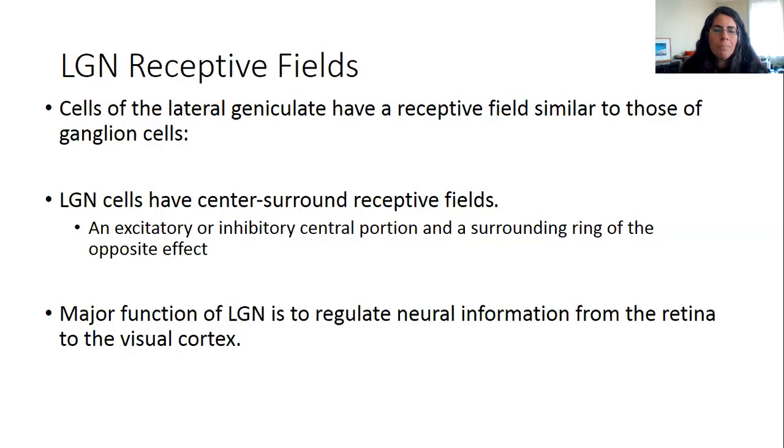So there's an excitatory portion and an inhibitory portion, and that is surrounded by either an excitatory or inhibitory section as well. I'll show you an example of that in one moment. I just want to reiterate that the LGN is the sensory relay station. It regulates neural information from the retina to the visual cortex. It only sends a particular amount of that information to the cortex.